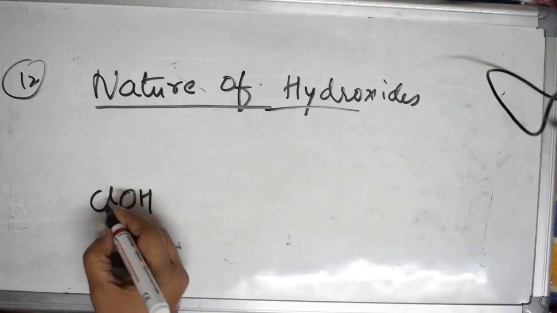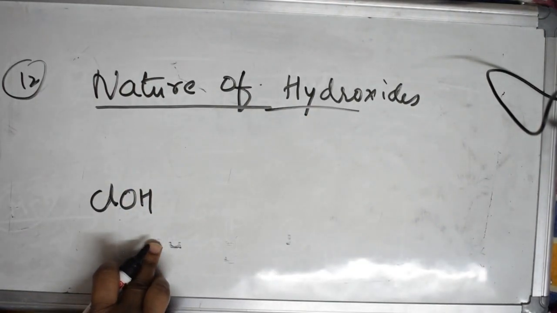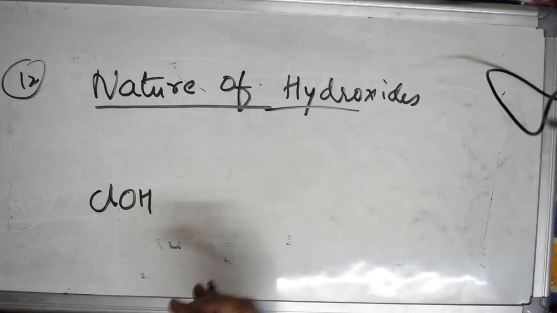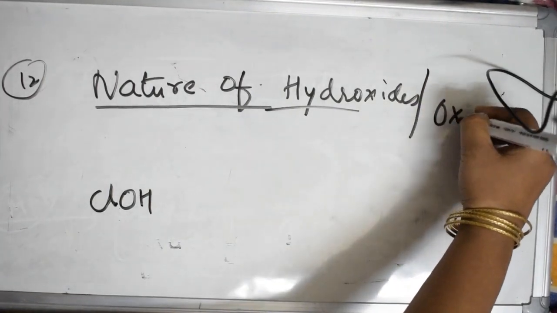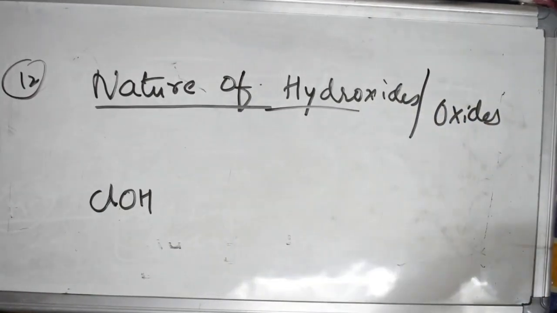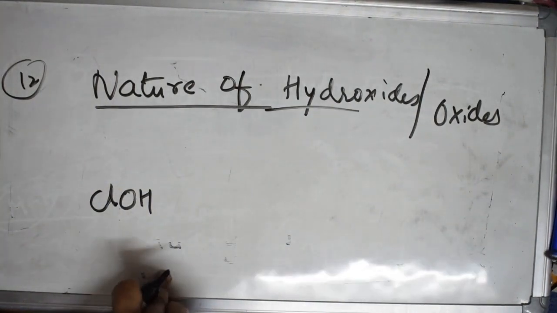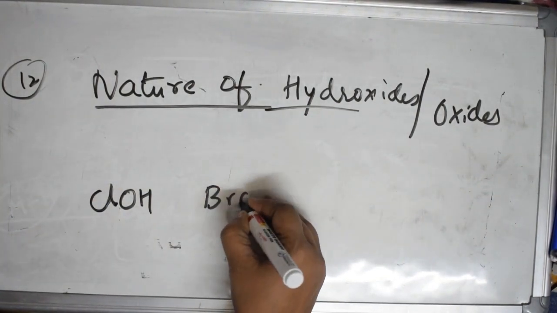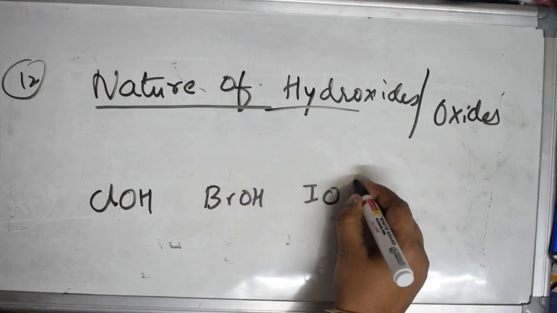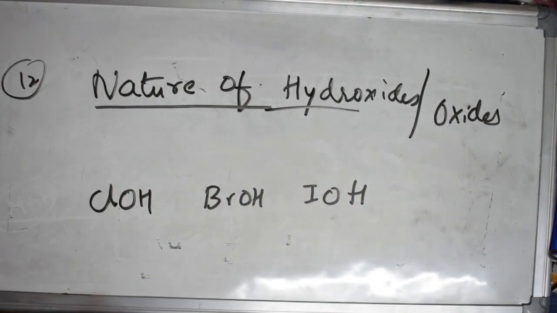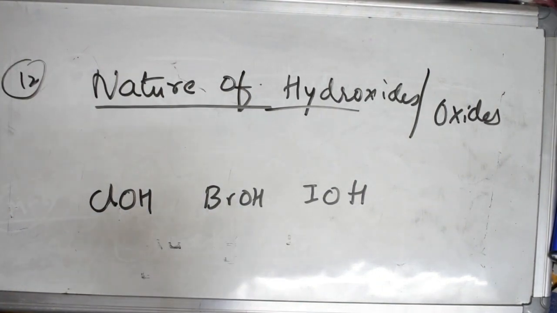So this is chlorine with OH. And next one, nature of oxides also. Both the trends I'll be taking. So ClOH, BrOH, IOH. These are all non-metal hydroxides. I am just talking about the hydroxide nature.